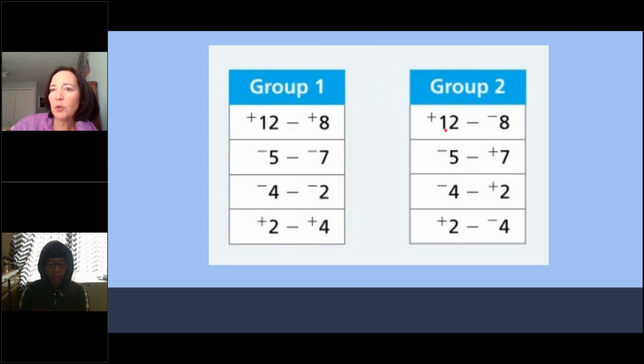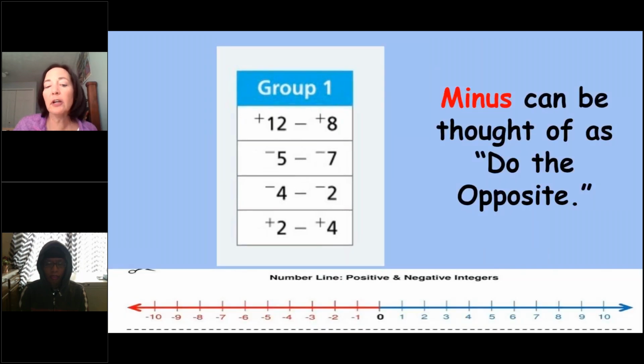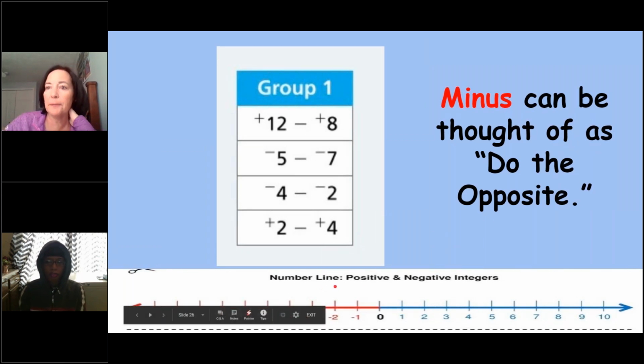And group 2, we always have one positive and one negative. So we're still subtracting in all of these problems, but it's always a positive minus a negative or a negative minus a positive. So we're going to start by modeling some of the subtraction on the number line.